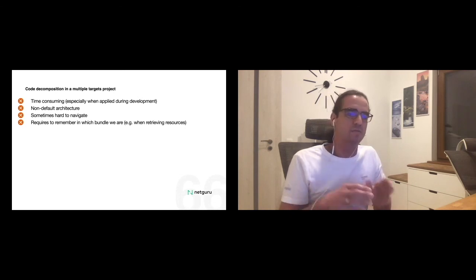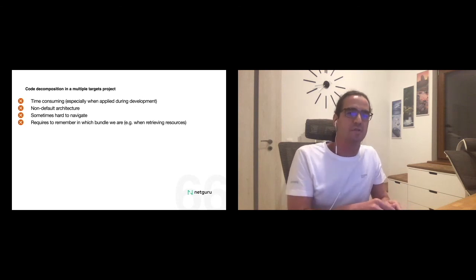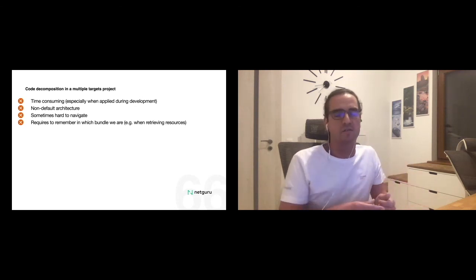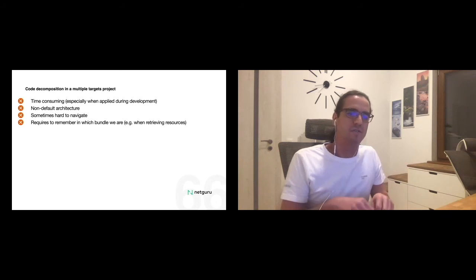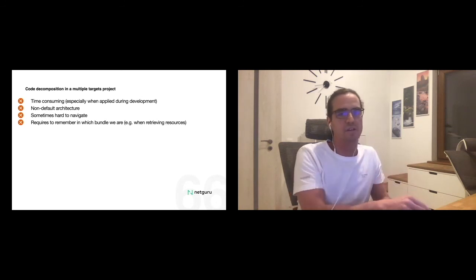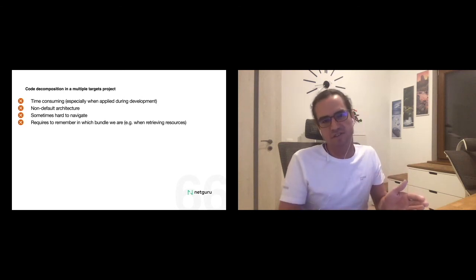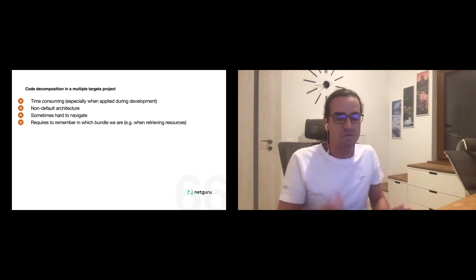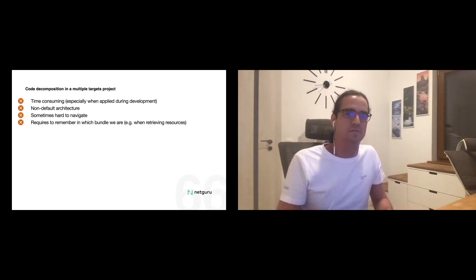But if you would like to, for example, get an image from a framework, which actually the framework does, you have to specify that the image should be taken from that bundle, not the main bundle. And this is something to remember at the very beginning. Later, when you have your code and extensions, it just works out of the box.